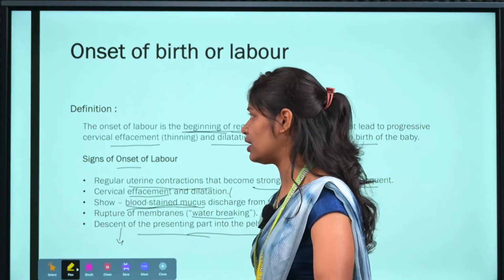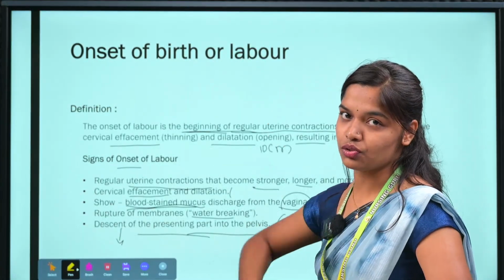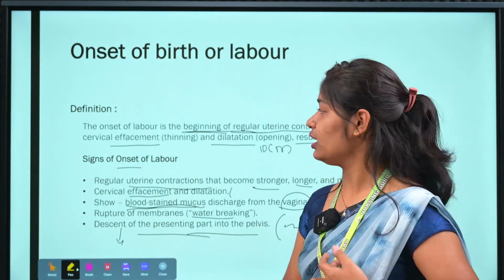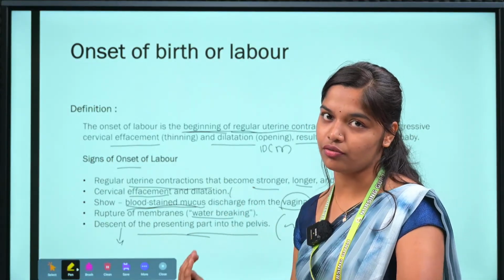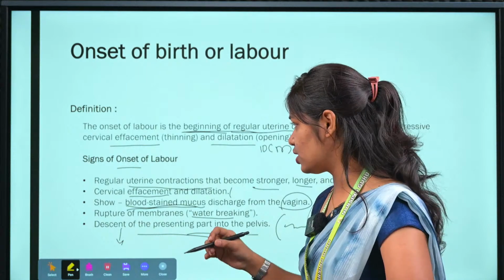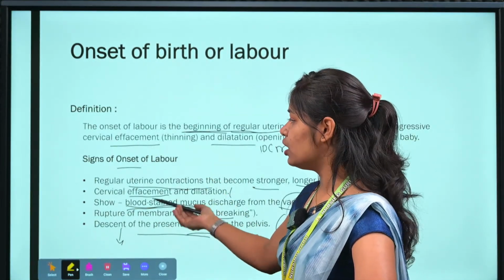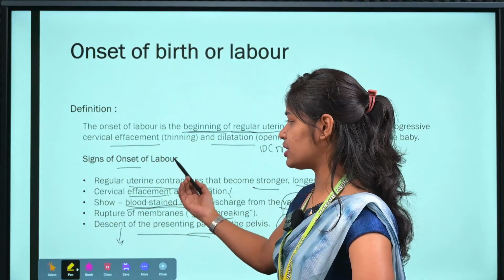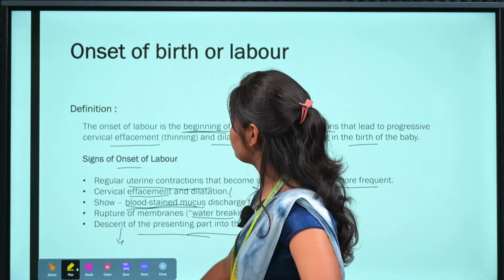Labor begins with uterine contractions, which lead to effacement of the cervix and cervical dilatation, resulting in the delivery of the baby. The signs include uterine contractions, effacement, show, descent of the presenting part and rupture of the membrane. This is regarding the onset of birth and labor.